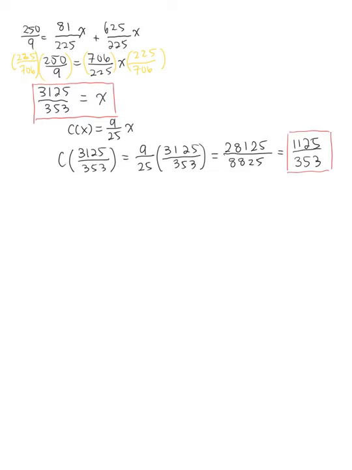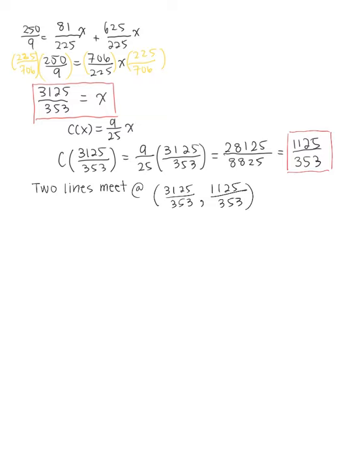Okay, so that means that the two lines meet, or I should say intersect, at x equals 3,125 over 353, and the corresponding y value is 1,125 over 353. Yikes.